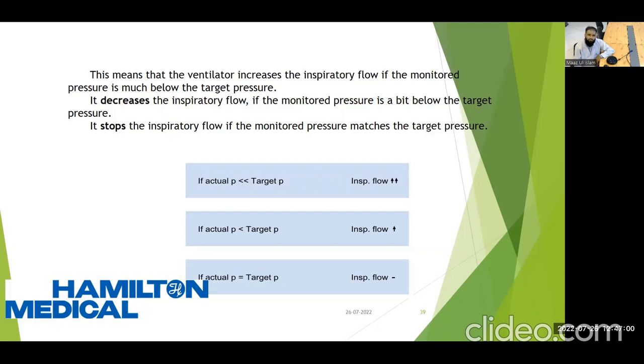It stops the inspiratory flow if the monitored pressure matches the target pressure. So, the ventilator is an intelligent device. The ventilator will vary its volume. It can decrease, it can increase, or it can settle down on a base pressure to target the desired pressure control or pressure support.